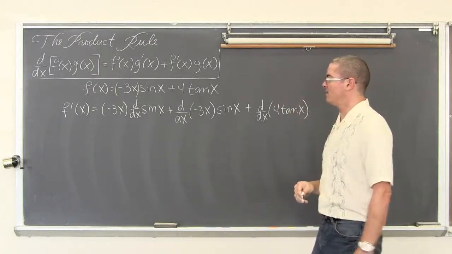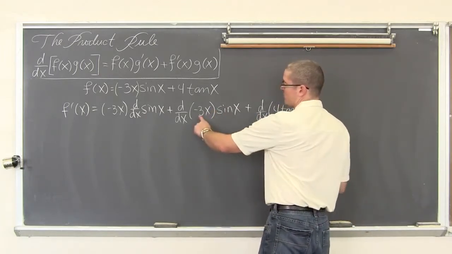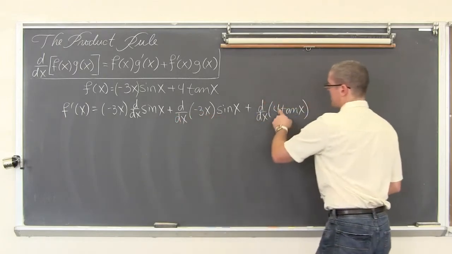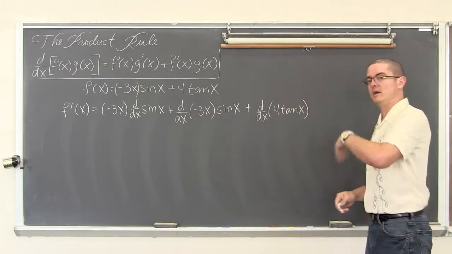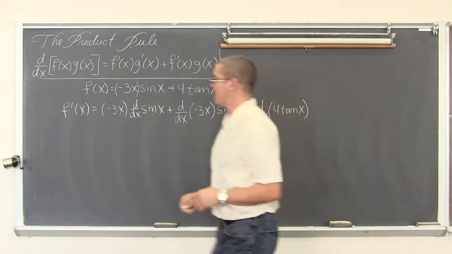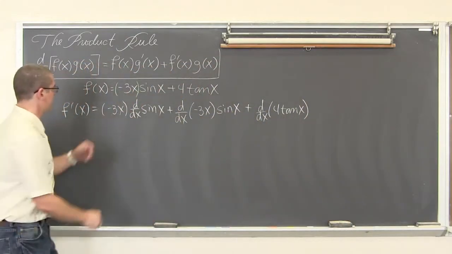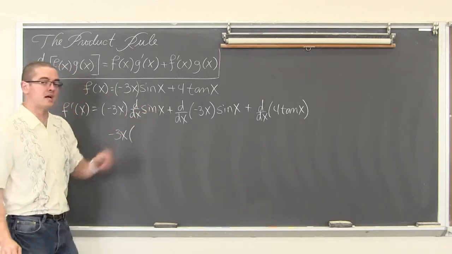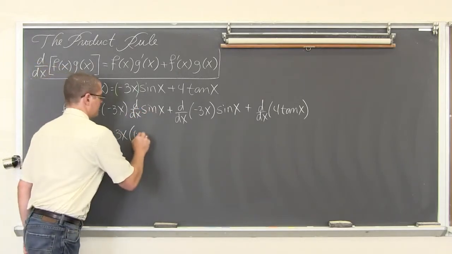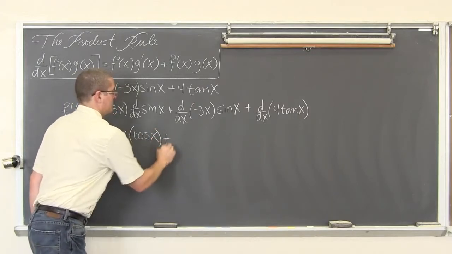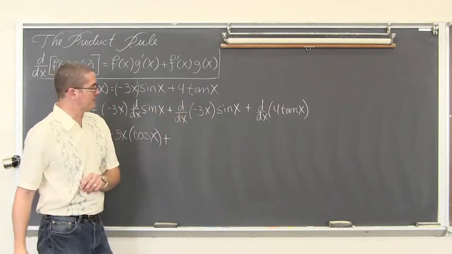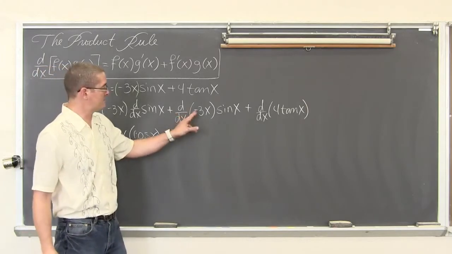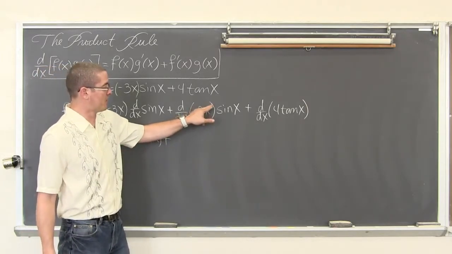tangent of x. Now, when we did the constant rule, I showed you how you could take these constants of negative 3 here and the 4 and move them out front. I'm going to save myself the writing and not do that again. We have negative 3x times the derivative of the sine of x, which is cosine x, plus the derivative of negative 3x, which is negative 3x to the first.